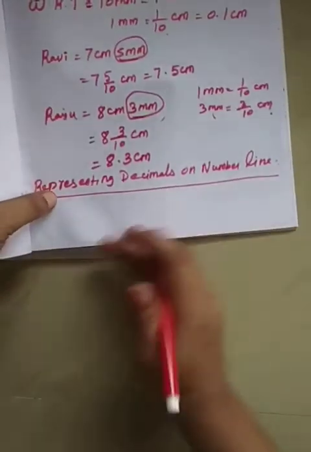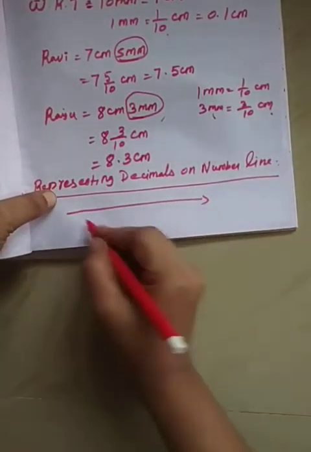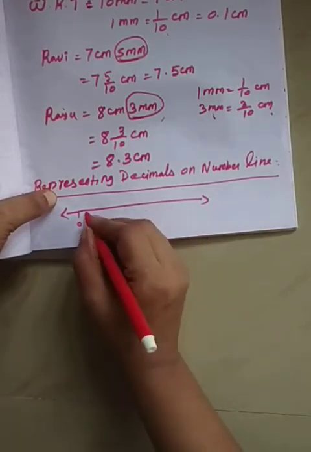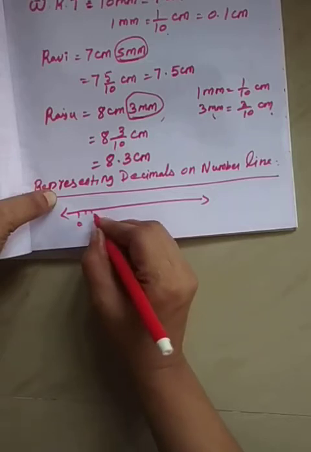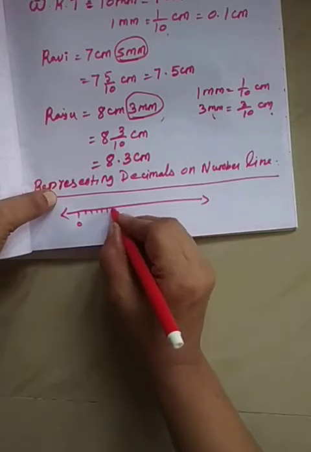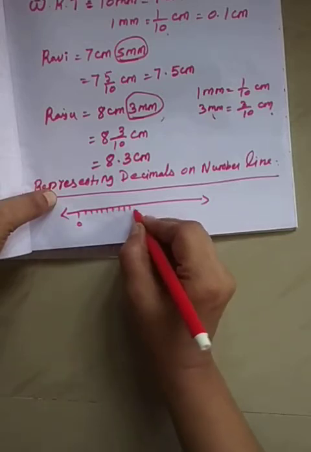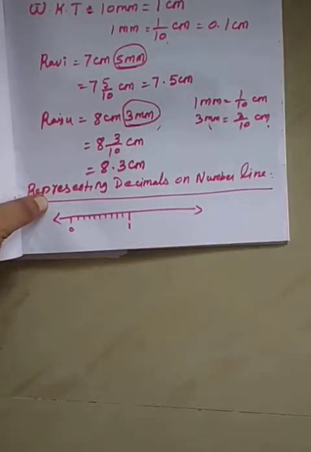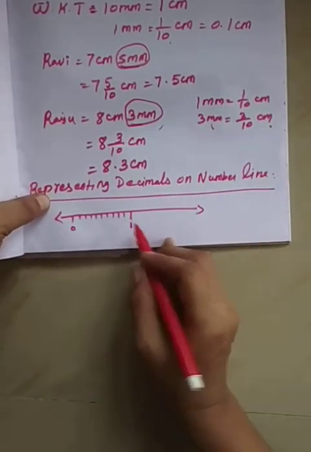See here. This is 0 and then this is 1. Divide it into 10 equal parts, and you put 1 at the end.